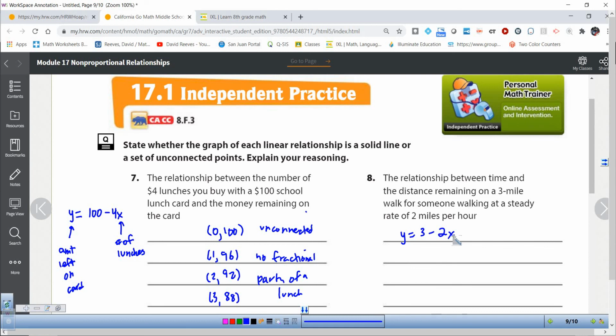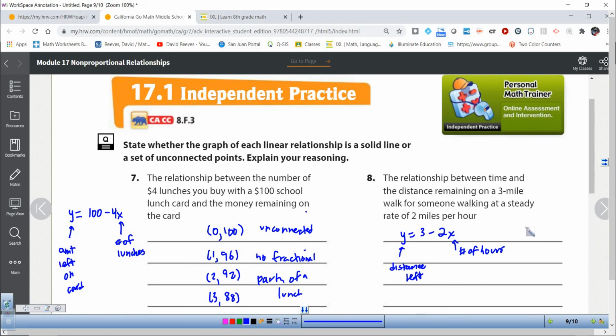Y would be the distance remaining, and x would be the number of hours. Now let me ask you a question. Can you walk for part of an hour? And the answer is yes. You can walk for 30 seconds. You can walk for 3 minutes and 25 seconds.